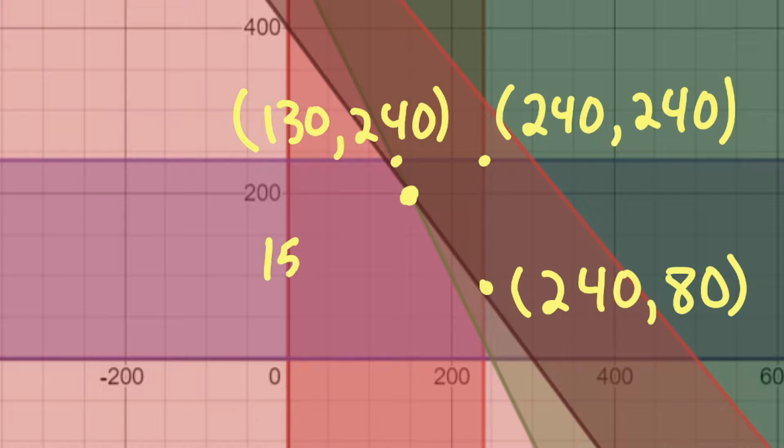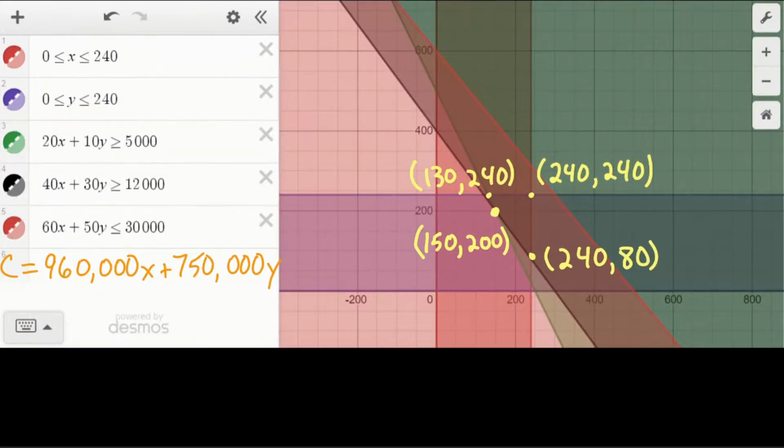Now, because we're trying to minimize costs, we can rule out certain situations. So if we think of these 2 points, this one is going to cost more. So if we're minimizing costs, then we can rule it out. We could have also seen the same way here. So we really have 3 that we need to check.